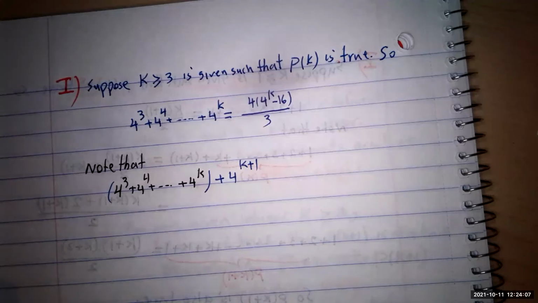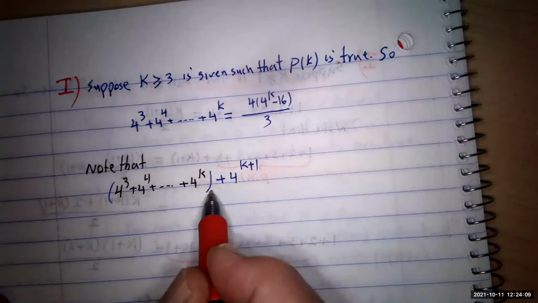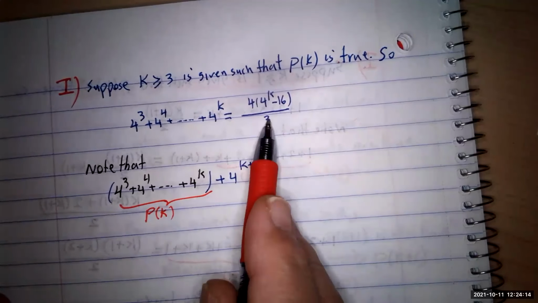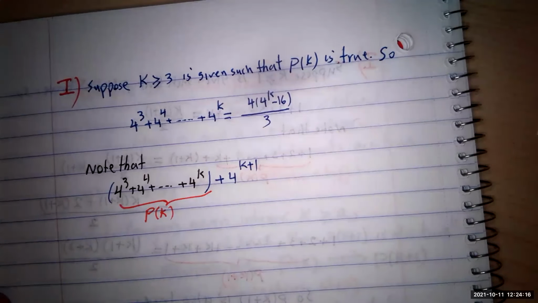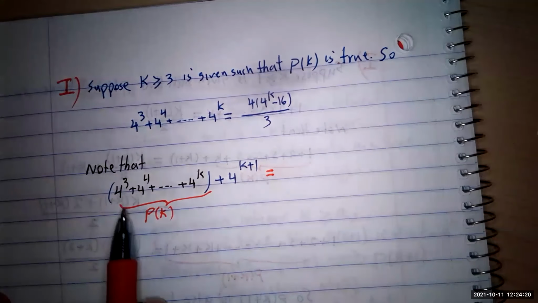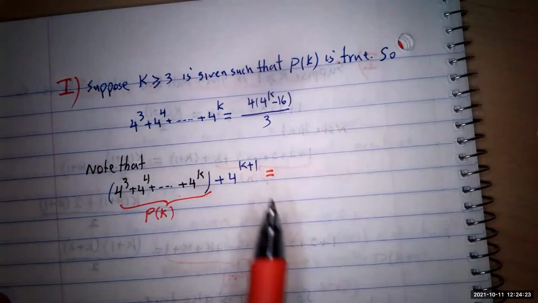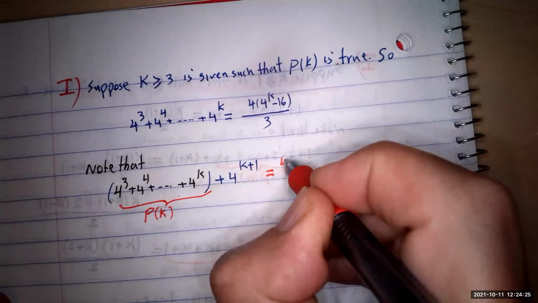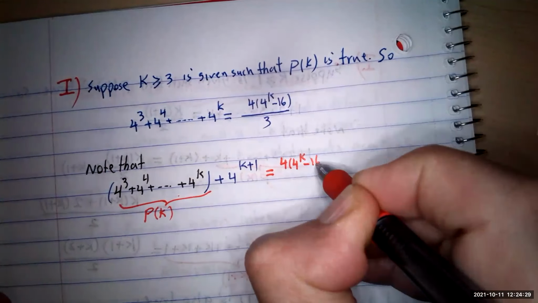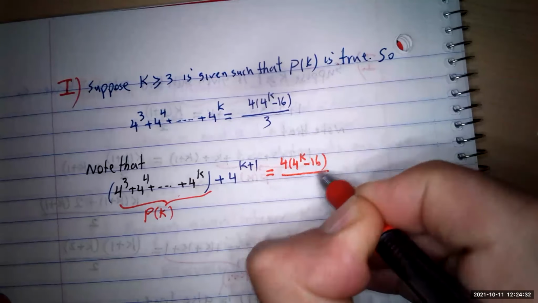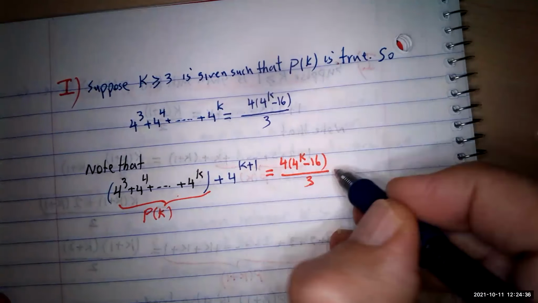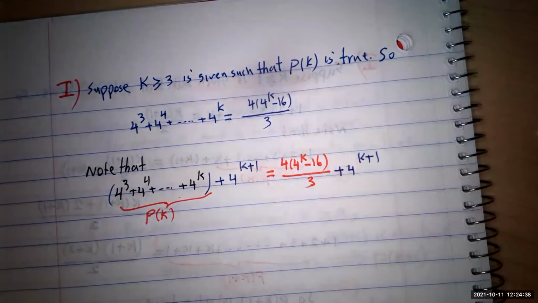If you group them together, this would be your Pk, and you already have the Pk. So you substitute, it's going to be equal to, by induction you have it, 4 times 4 to the k minus 16 over 3, and the leftover plus 4 to the k plus 1. Any question? We just substitute.